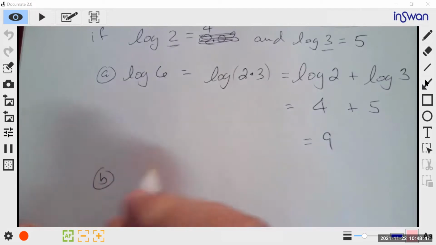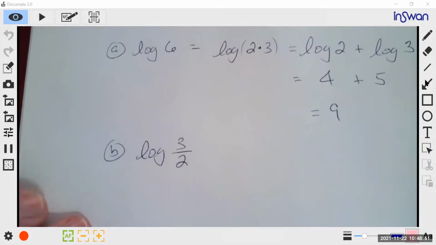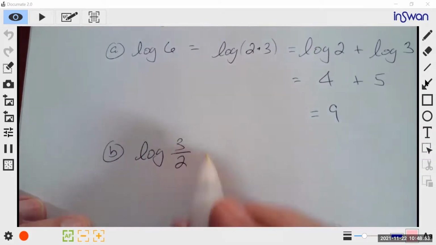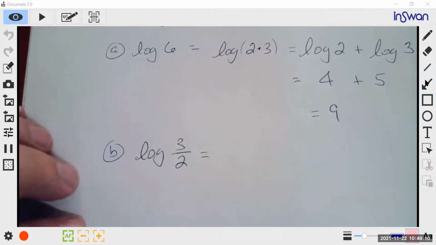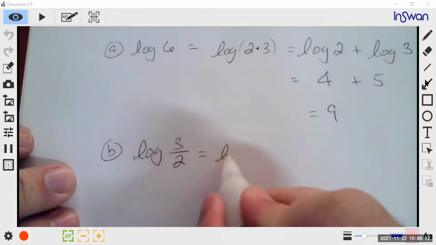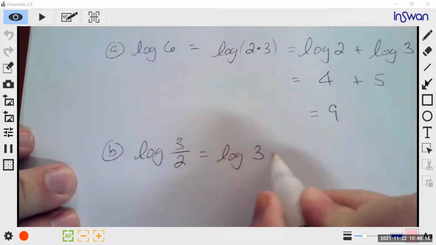That's another one. Log of 3 over 2. Yeah, we're pretty close to being done. It's a fraction, so it's subtraction.